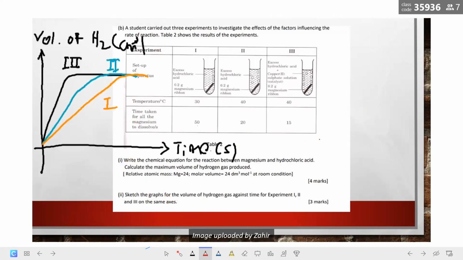Zahir's one. We have volume of hydrogen gas, centimeter cube, time, 3, 2, 1. Zahir, try to come on my screen. You put for yourself your time. Where would you put your time?